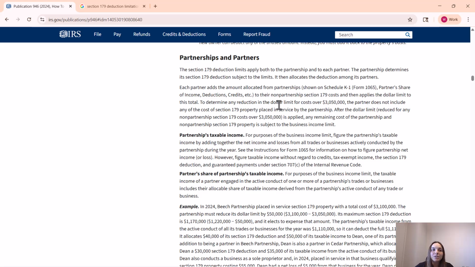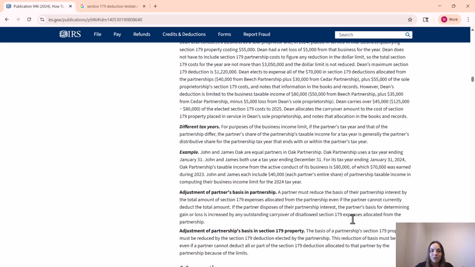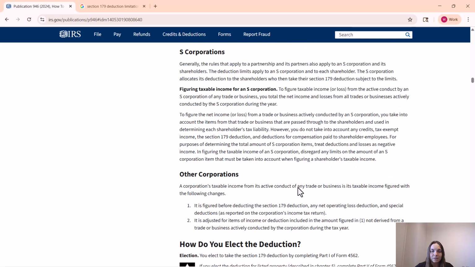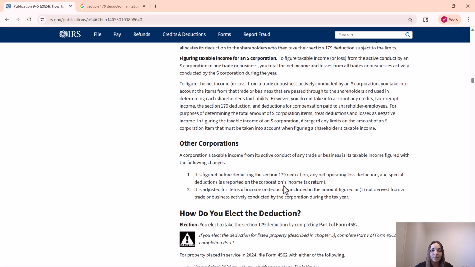And this Publication 946 covers those limits. Let me scroll down to this S corporation. So you'll see here, generally the rules that apply to a partnership and its partners also apply to an S corporation and its shareholders. Other corporations are different. C corporations are a little different.